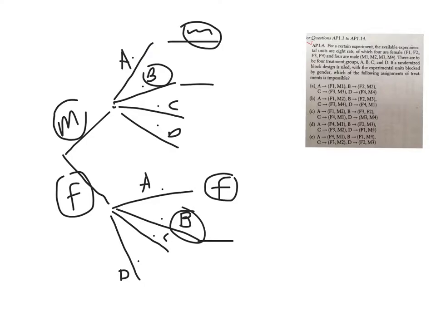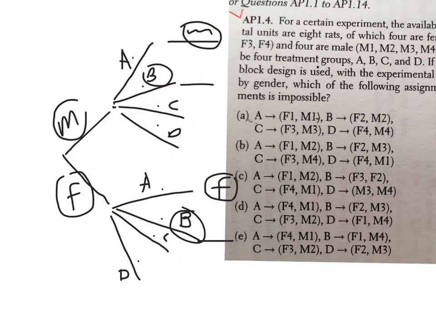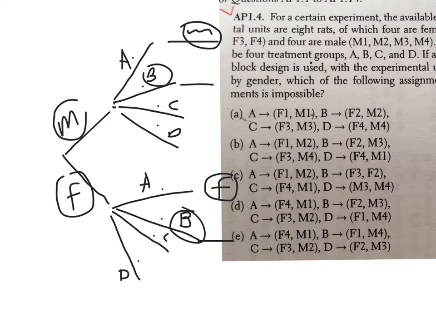So if we take a look at what they showed us, these all have one female, one male for each one of these different treatments, just like I lined it out over here.